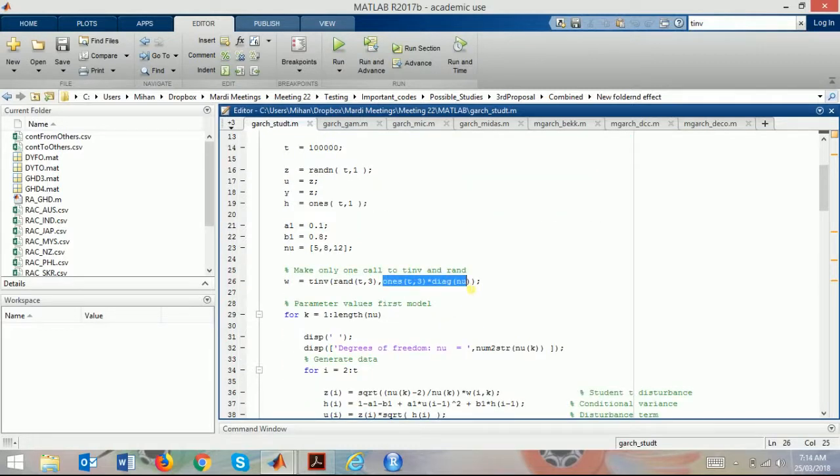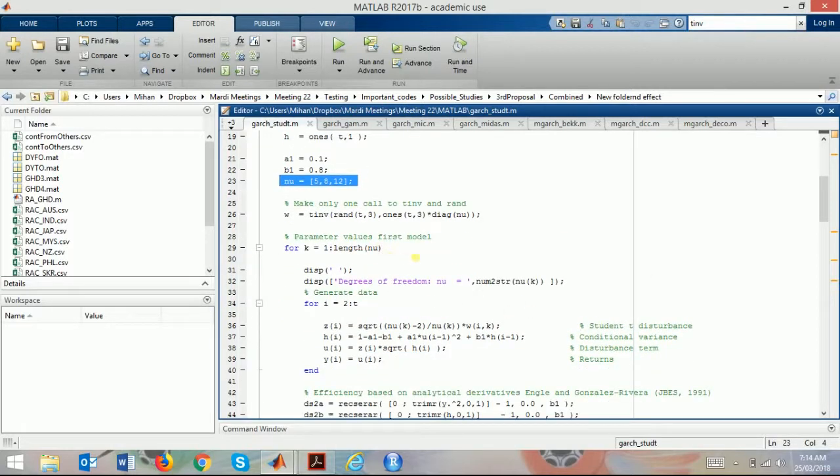Then we create a ones matrix where diagonally I have the nus 5, 8 and 11 located, and I'm just inversing them. Then parameter values for the first model, so let's loop in 2's first across columns, then across rows. So 1 to length of nu, which is 3 columns.